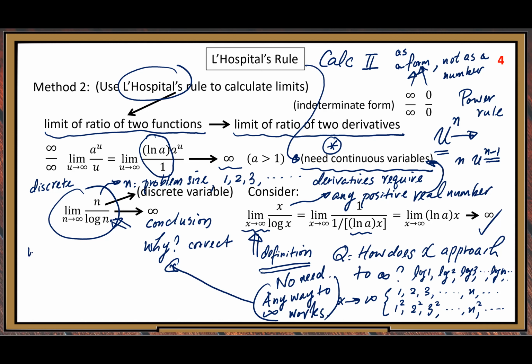Because discrete could be any discrete values, here let's take the natural number way.